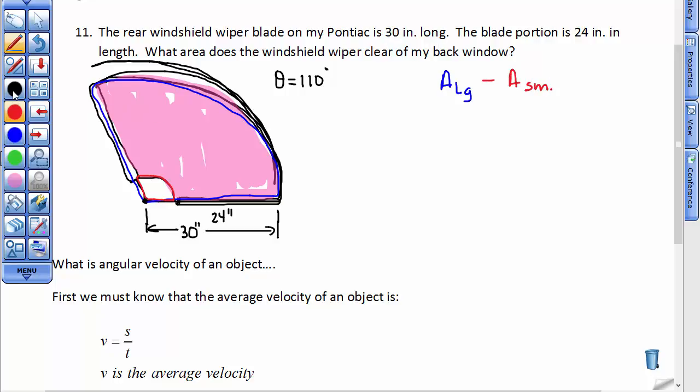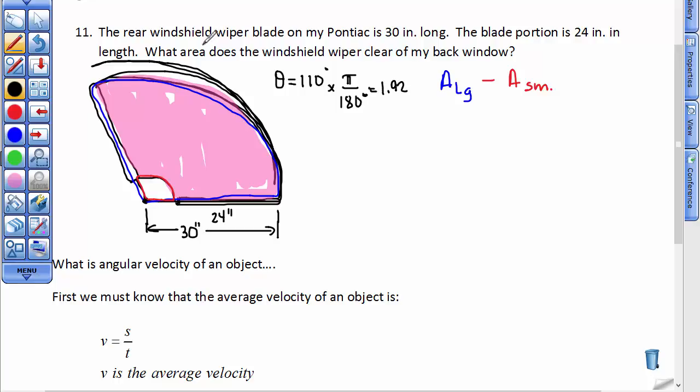So let's go ahead and calculate that angle in radians. Let's multiply this by pi over 180 degrees. All right, so the angle theta in radians turns out to be 1.92 radians.